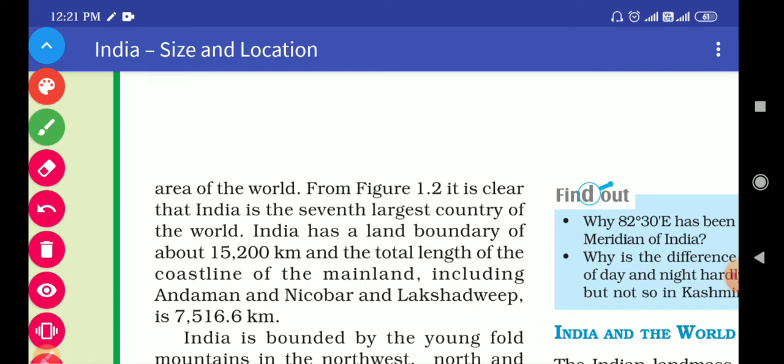From figure 1.2, it is clear that India is the 7th largest country of the world. India has a land boundary of about 15,200 km, and the total length of the coastline of the mainland including Andaman and Nicobar and Lakshadweep is 7,516.6 km.